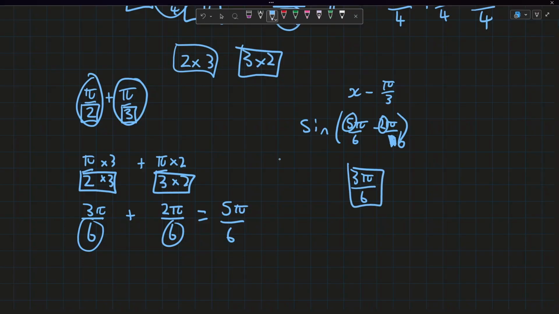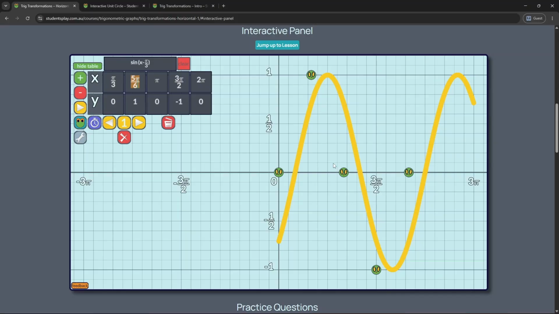And 3 pi on 6, the 3 and 6 can turn into 1 over 2. So really we just have pi on 2. And so by doing all that, we'll end up with sine of pi on 2, which is what we wanted to get our 1. Cool, so next part, we get our pi, we have to plus pi on 3 to that as well, to offset the minus pi on 3.